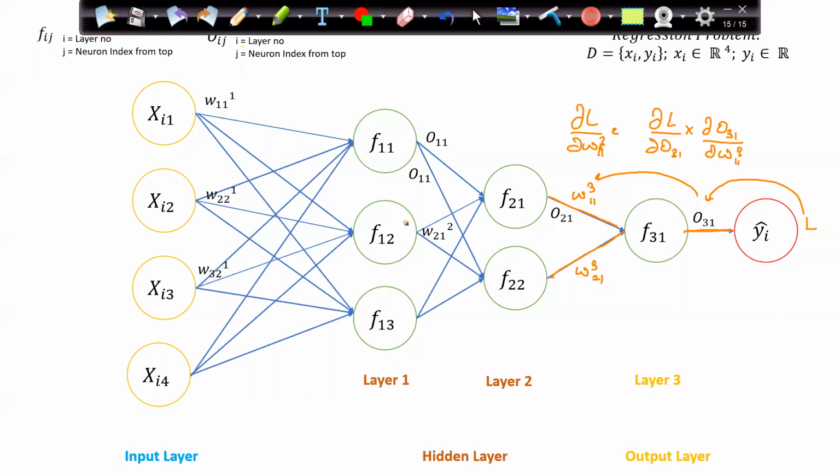If I come back to the screen here, this is what we are talking about. So from here, I want to go till here, right? And what is this weight? This weight is nothing but my W2 layer, 1, 1. This is my W2 layer, 2, 1. And this is my W2 layer, 3, 1, right? This is what we want to calculate.